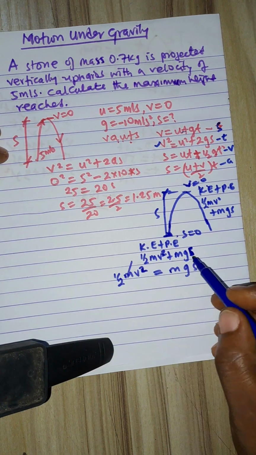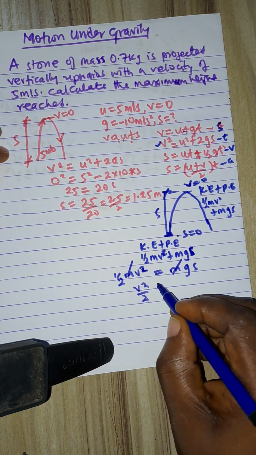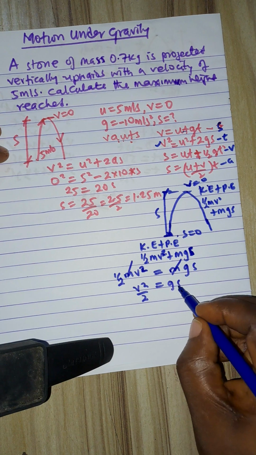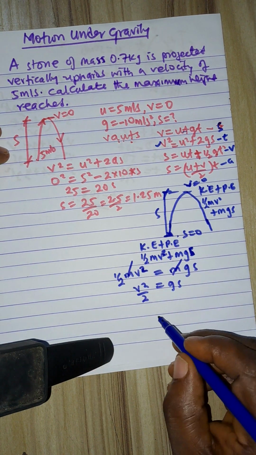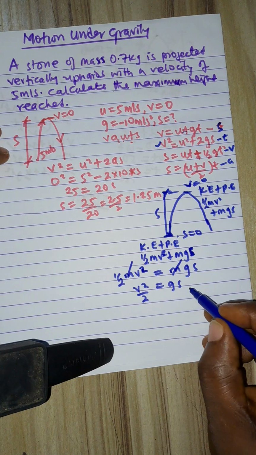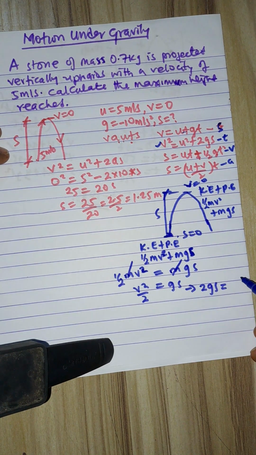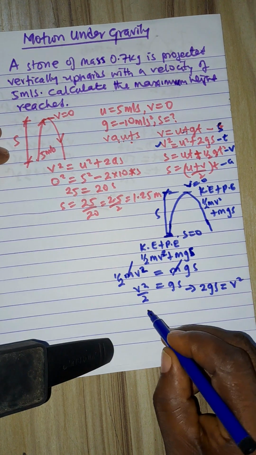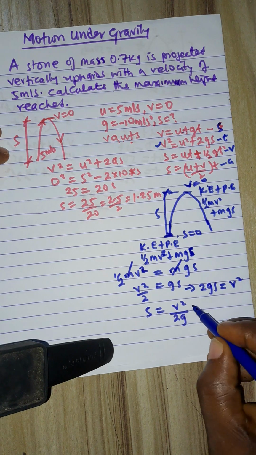So mass cancels mass. We have v squared over 2 equals gS. We are looking for S, so 2gS equals v squared. So S becomes v squared all over 2g.